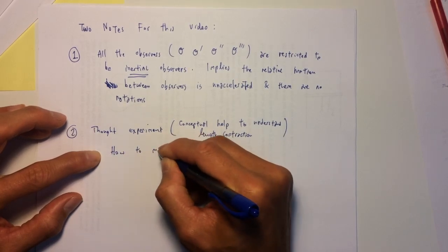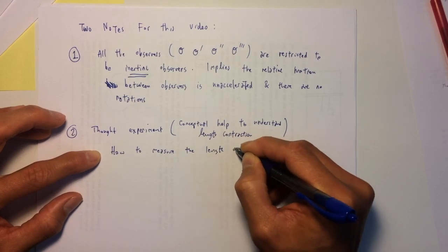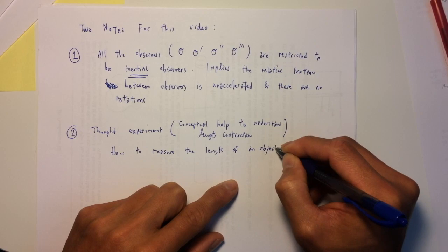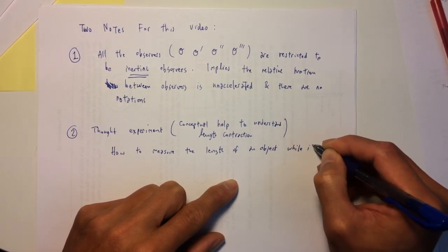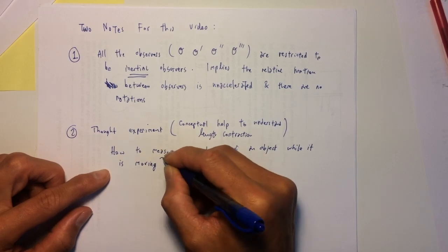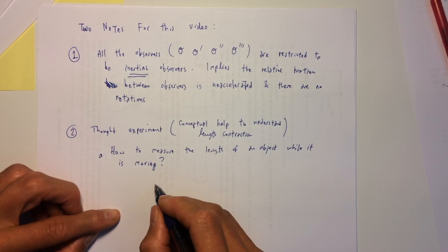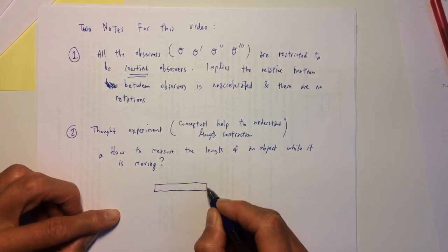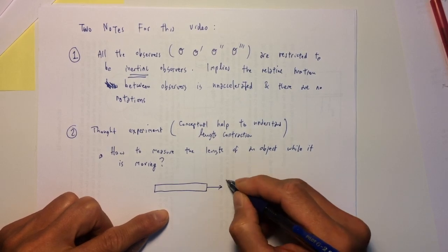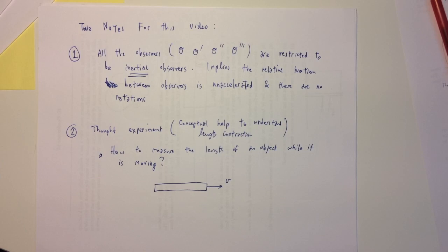How to measure the length of an object while it is moving, right? So let's wonder about that. So here is, for example, an object, and it's moving through space with a velocity v. It's going towards the right.